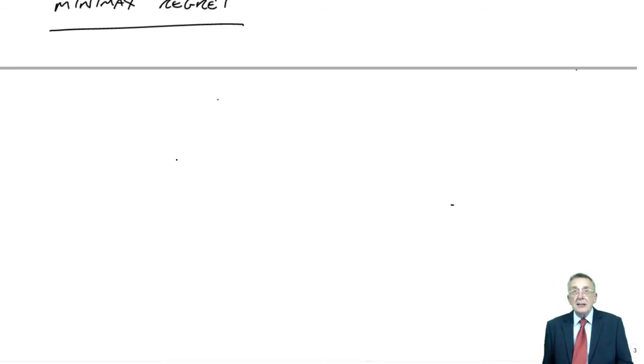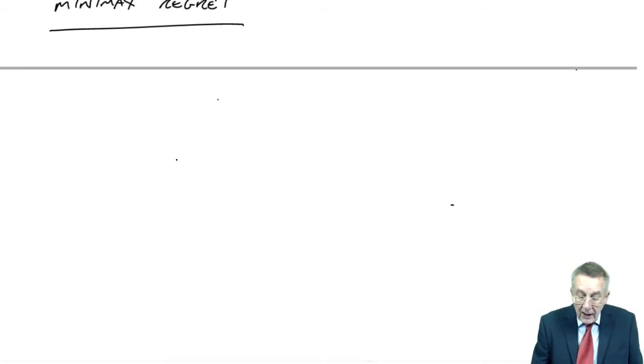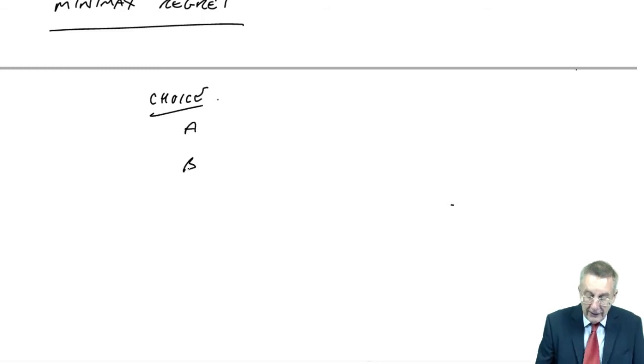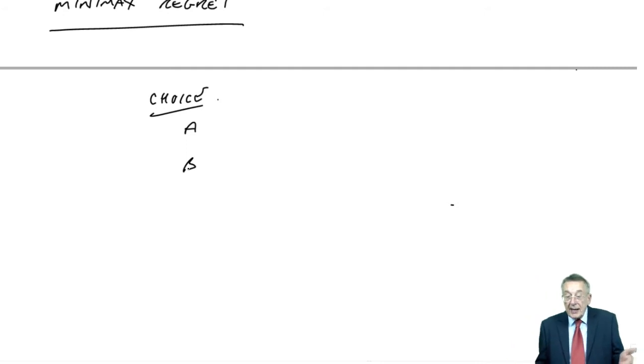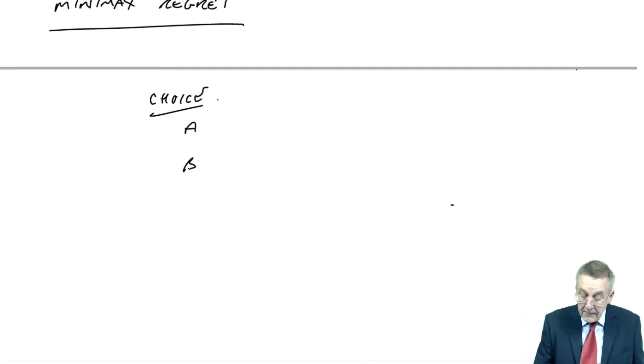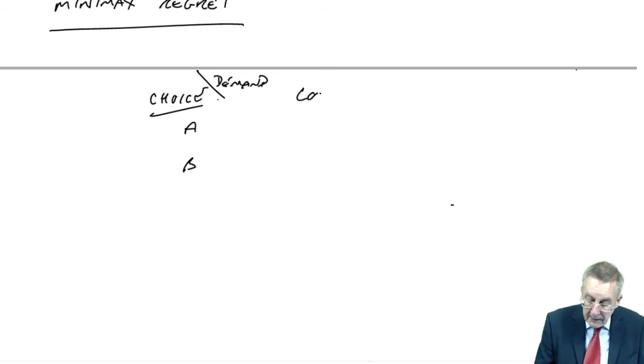A tiny little example. Suppose I told you we had a choice of two things. Maybe two machines, whatever. And for each choice, suppose there were just two possible outcomes. Maybe it's the level of demand. There might be low demand or high demand.